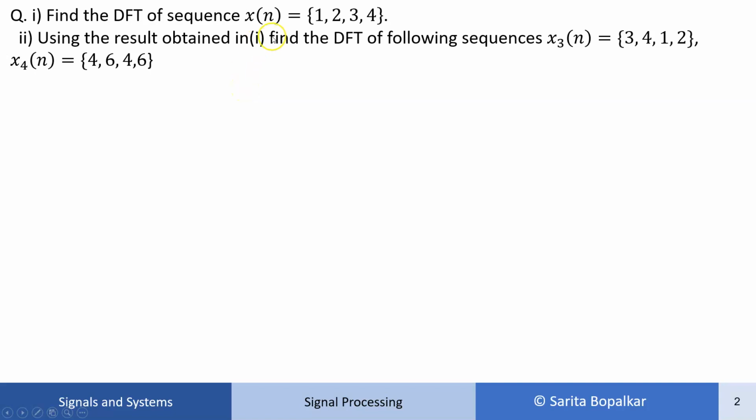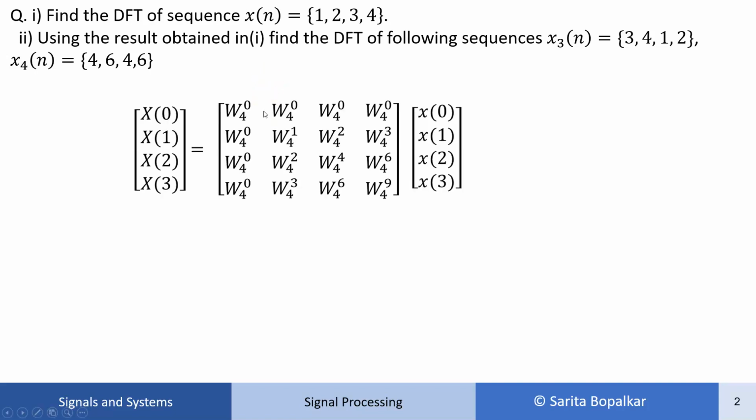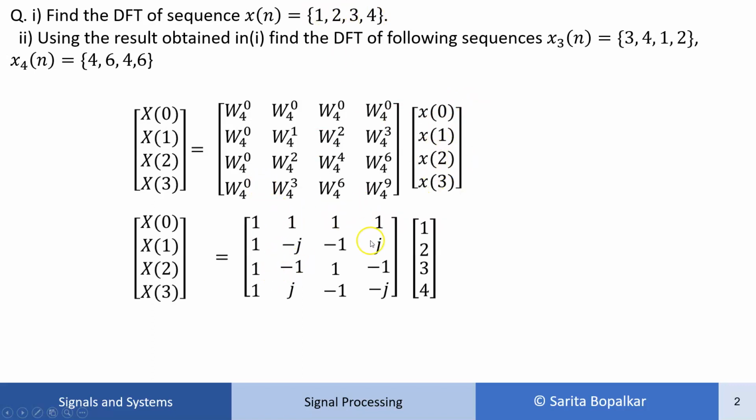First we'll find the DFT of x of n by the direct method, using the definition, by the matrix method. We have already solved this in a previous video. This is the twiddle factor matrix, and this is x of n, our input 1, 2, 3, 4. Do the matrix multiplication to get the DFT.